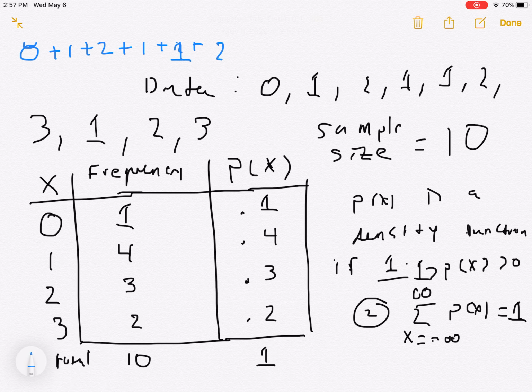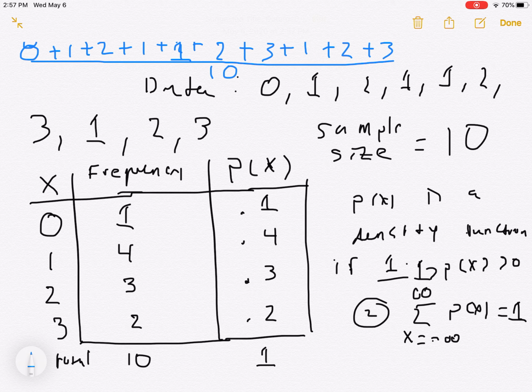Plus 2 plus 3 plus 1 plus 2 plus 3. And I divide by 10. Okay. When I do that, I'm going to get this number, 1.6 cats per household.